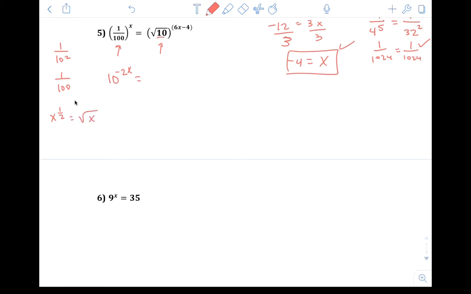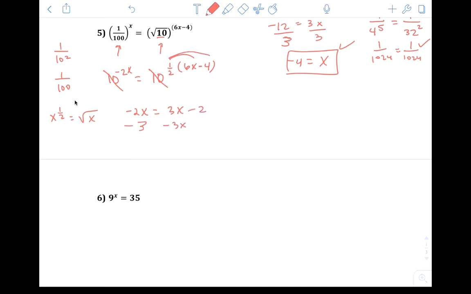So this base, square rooted, that is 10 to the 1/2 power. Now we are raising that to the 6x minus 4. Drop the bases because they're the same. So negative 2x equals half of 6x's is 3x's. Half of negative 4 is negative 2.